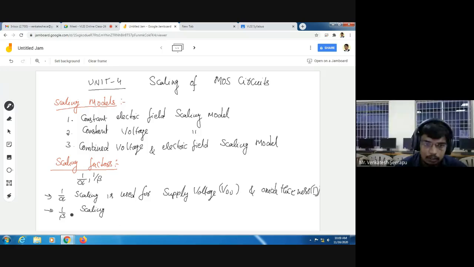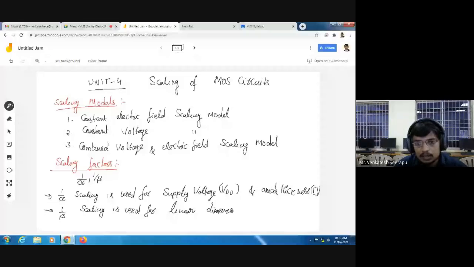1 by beta is used for linear dimensions like vertical and horizontal dimensions of a surface.